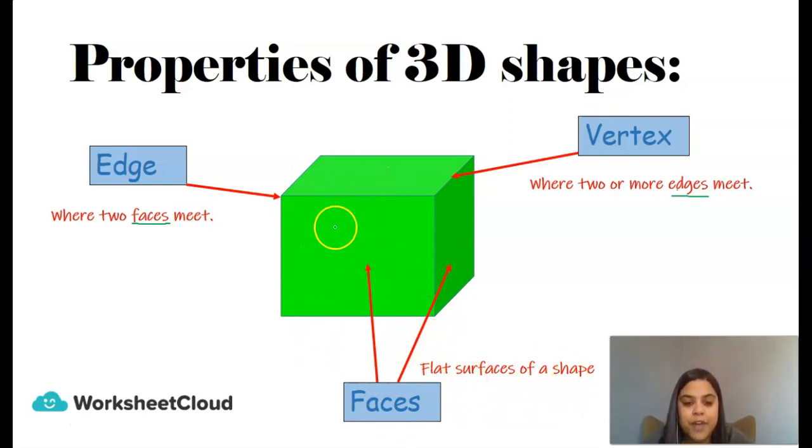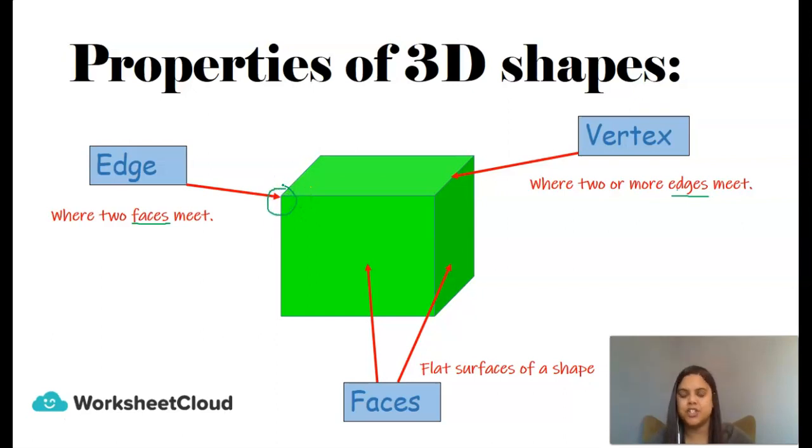So here we have a face and here's a face, grade 3s, and that is also a face over there, and there will be a face at the bottom because it's every flat surface of the shape. So we can go back to the edge now, which is where those faces meet here on the corners. That is what an edge is. So here I'm going to draw a circle around it.